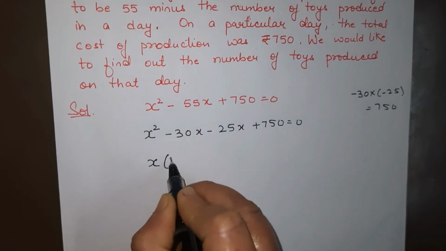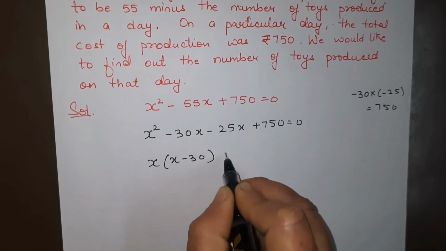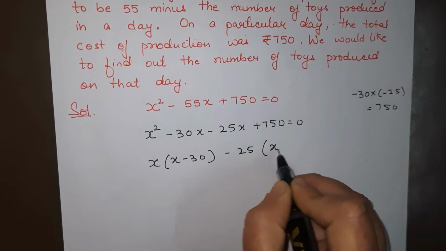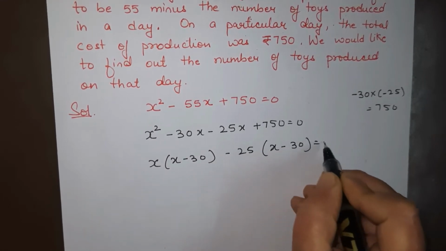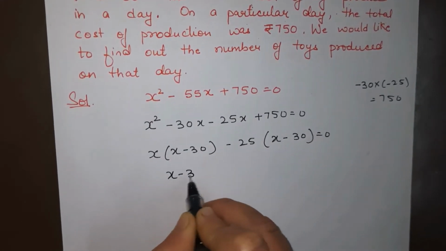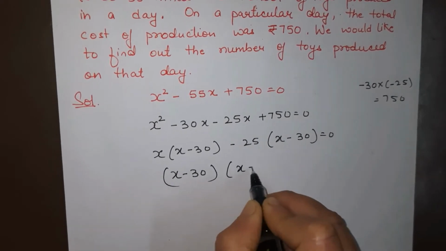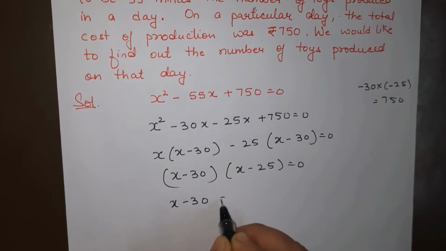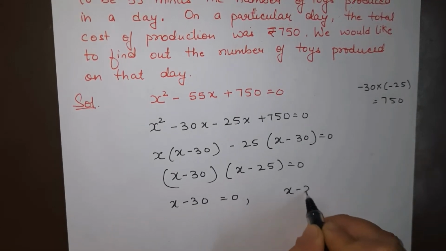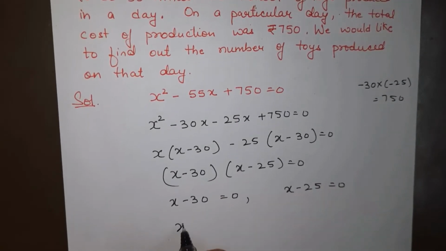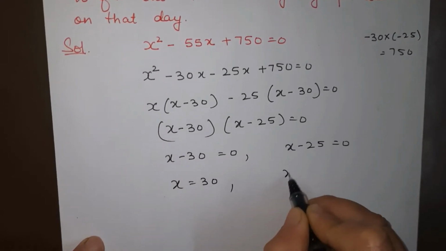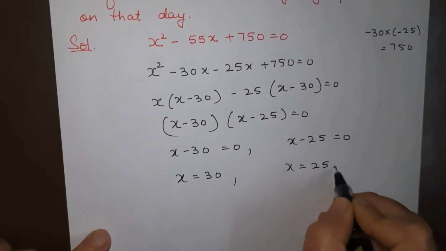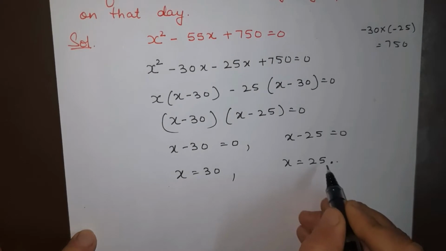Now x is common, x minus 30, from here 25 is common, so x minus 30 is left. So from here x minus 30 is common, x minus 25, so x minus 30 is 0 or x minus 25 is 0. So x is equal to 30 and x is equal to 25. That means both the answers are correct.